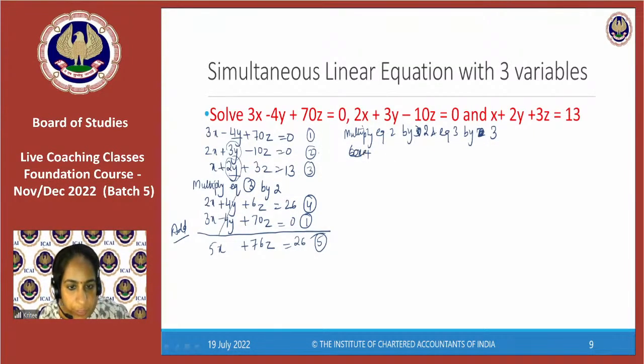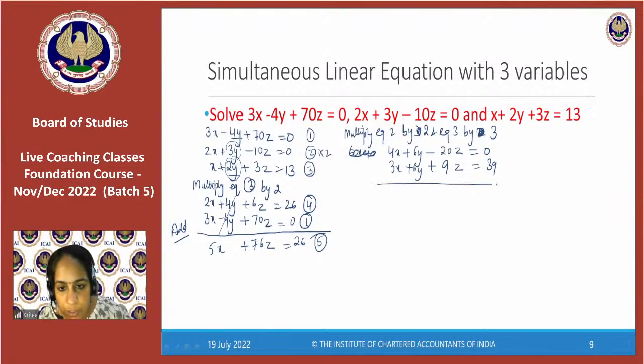So when I'm multiplying equation 2 by 2, this becomes 4x plus 6y minus 20z equals 0. And this becomes 3x plus 6y plus 9z is equal to 39.